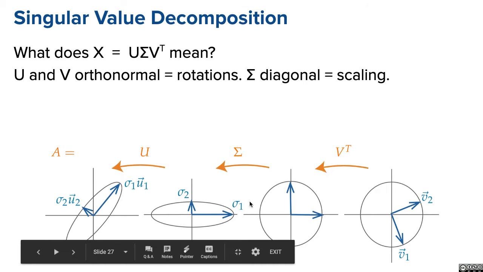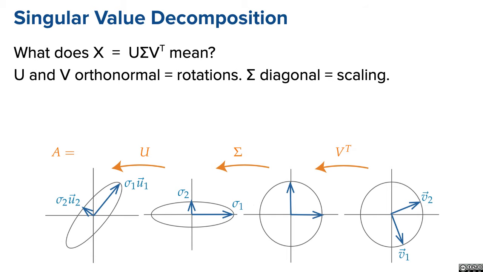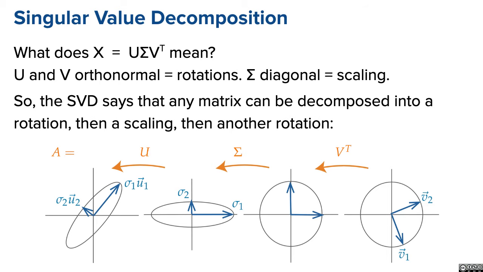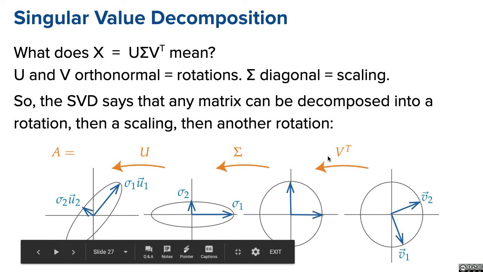Another way of looking at the singular value decomposition is by remembering that U and V are orthonormal, so we can see them as rotations, and sigma is diagonal, so we can see it as scaling. Because of this decomposition, the singular value decomposition theorem says that since you can decompose any matrix X into the product of those three matrices, you can view any matrix X as applying the three operations one after the other.